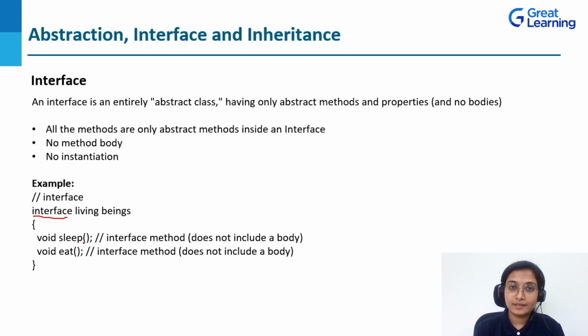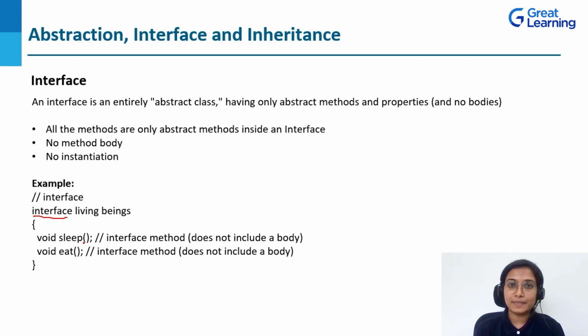So by default, because the overall class itself is an abstract class, the methods inside need not use the keyword abstract or the access specifier public. If it is private or protected, it's left to you. You can use it according to the situation. But by default, any method in the interface always has public and abstract attached to it. Even if you do not mention it, it is considered the same way, right? So that's about the interface.